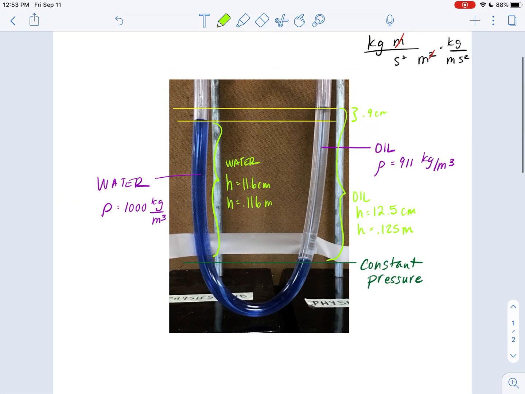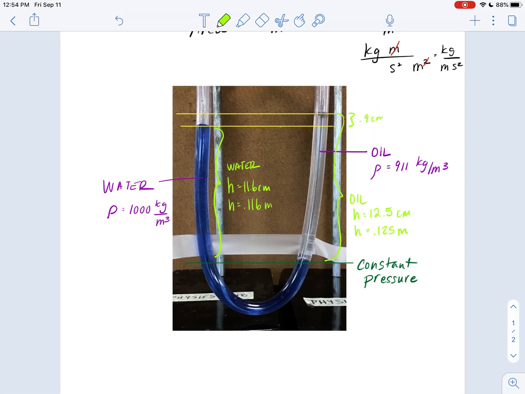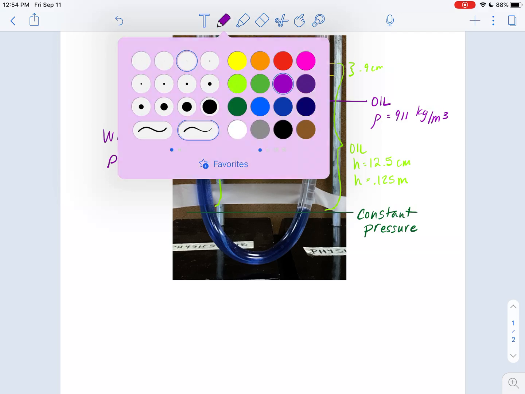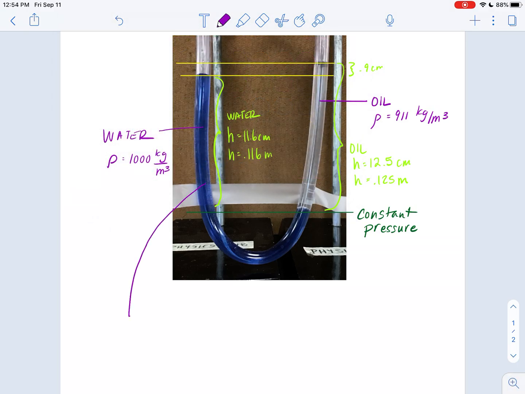Okay, so now I'm going to find the mass of this column of water. Actually, I'm not going to find the mass.